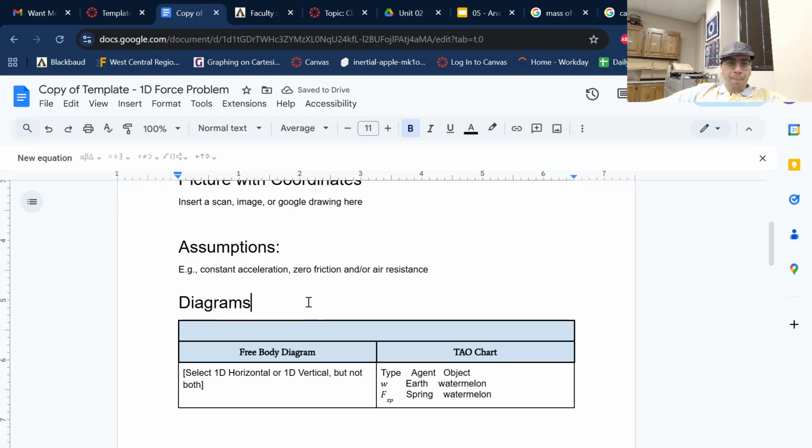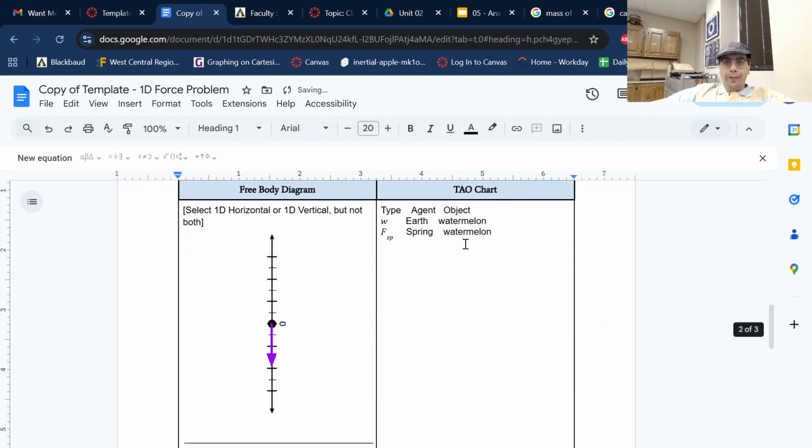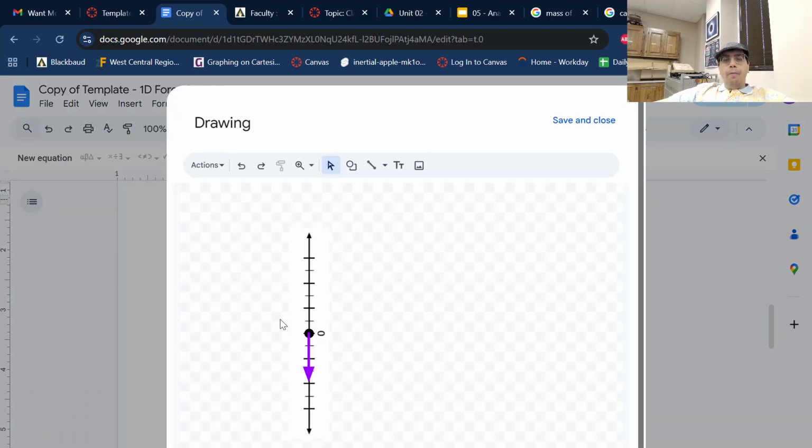Also going to page break this so it's together. So we'll make those purple also. And what direction does the spring force go? Up. And how many tick marks should the spring force be? Whoa.